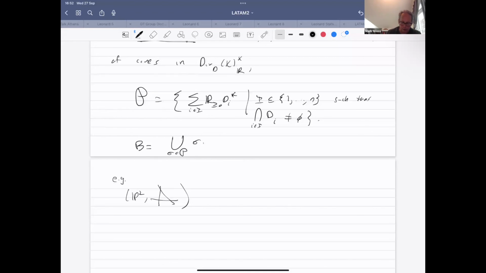And of course, D1 and D2 intersect, D2 and D3 intersect, D1 and D3 intersect, but all three of them don't intersect. So I get three cones generated by D1 star, D2 star, and D3 star. So I get three cones. That looks like the boundary of the first orthant of R3.